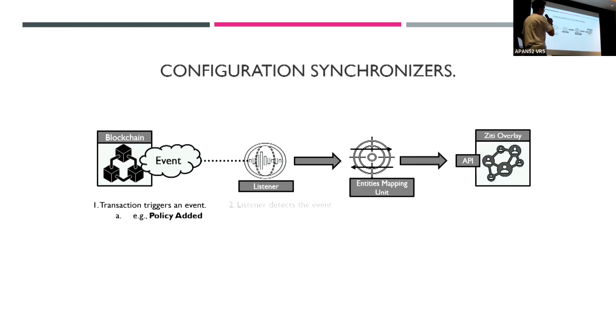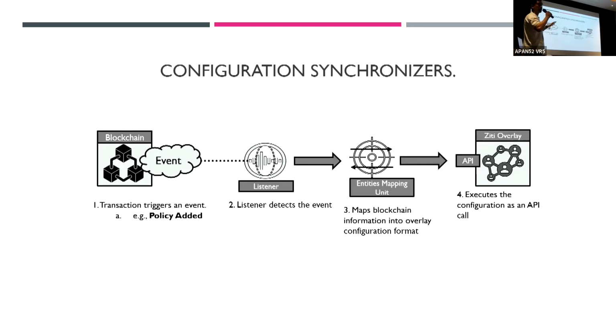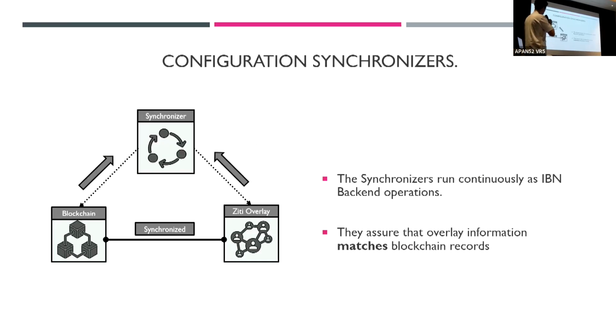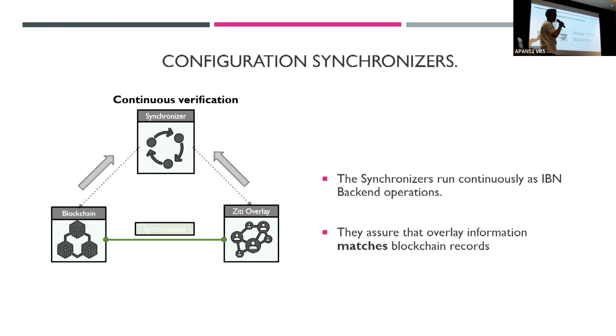As I mentioned, the blockchain itself doesn't communicate directly with the network. This is done through configuration and synchronizers that get the on-chain data and replicate it into the overlay itself. And also there's a verification that happens automatically that keeps this information synchronized. It is a validation of we have the blockchain as the single source of truth. The configuration that exists in the blockchain is the configuration that exists in the overlay.